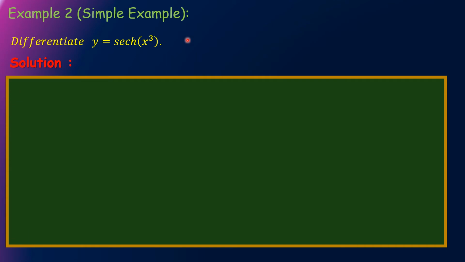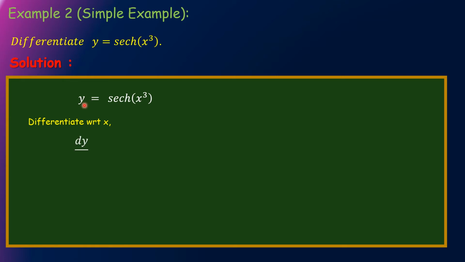Okay, now we continue with example 2. Still a simple example. Differentiate y equals sec x cubed. Here is the complete solution. We are given y equals sec x cubed. Then we differentiate with respect to x.